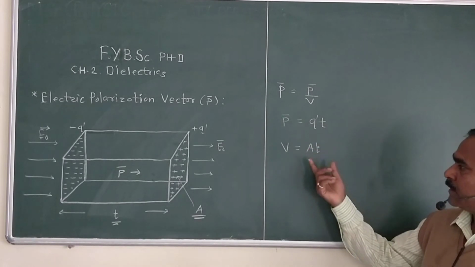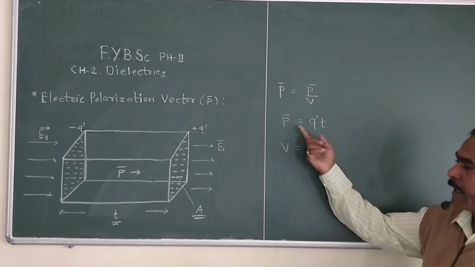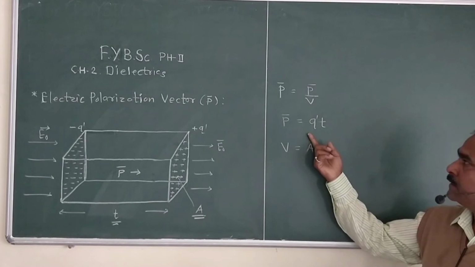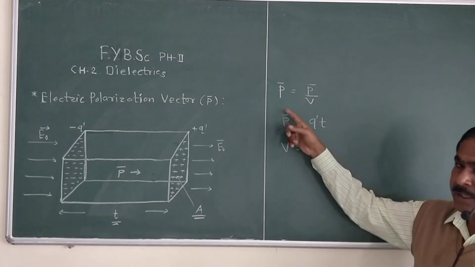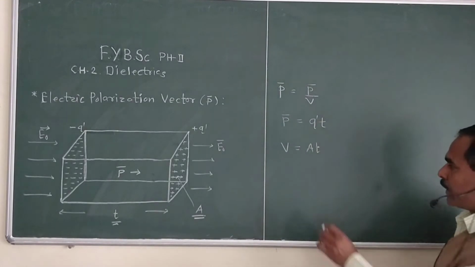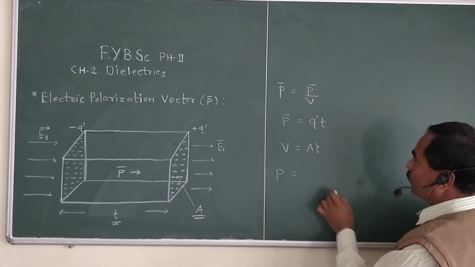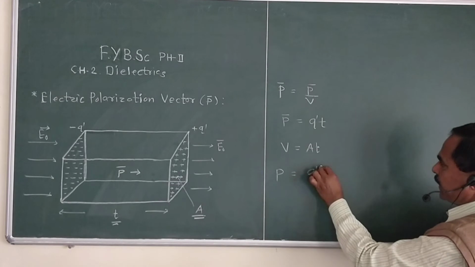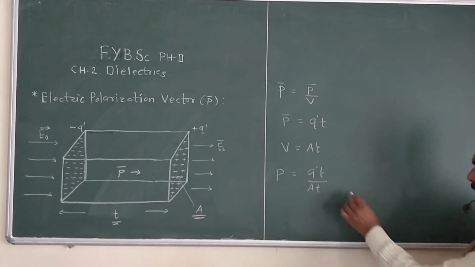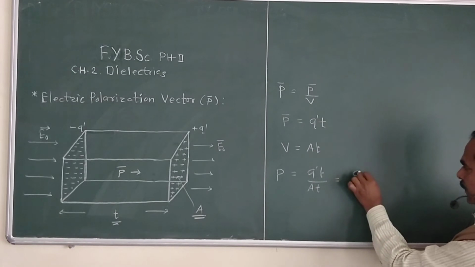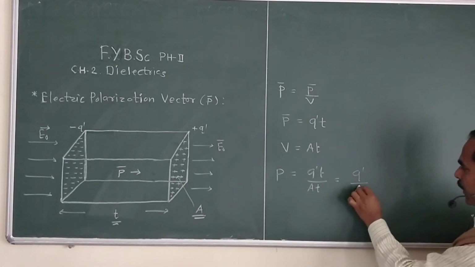Then we substitute the values of volume and net dipole moment in this equation. So the electric polarization vector in magnitude, P equals Q dash t upon A t. So t gets cancelled and we get Q dash upon A.